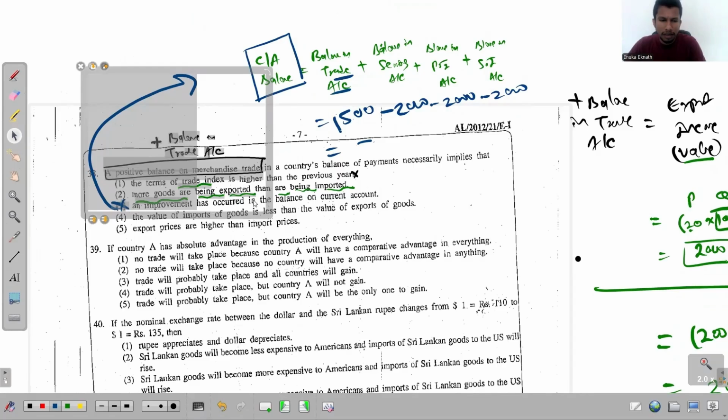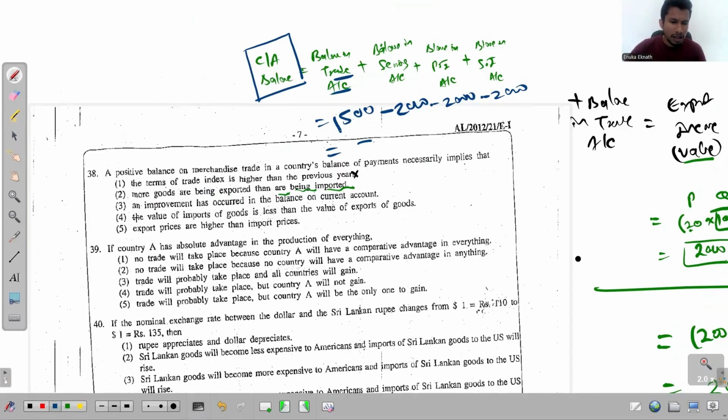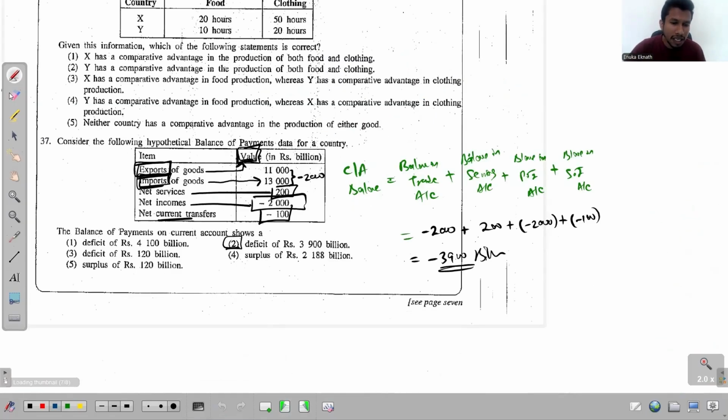Okay, the next one. The value of imports of goods is less than the value of exports of, you have to think what. Because of the earlier calculation. They are now talking about the value of imports of goods being less than the value of exports. See, if you look at the previous table, that's what they have written. The value is written.